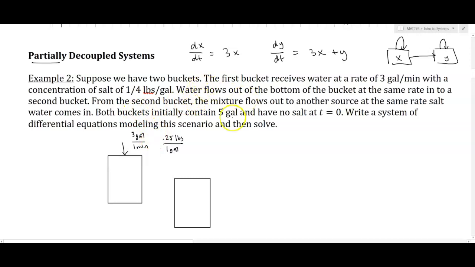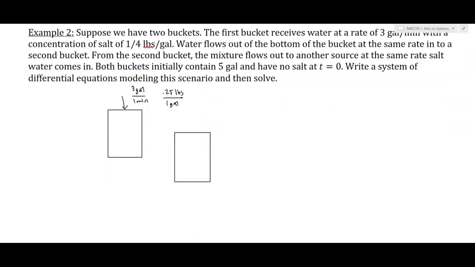What we have going out of this bucket is water flowing out of the bottom of the bucket at the same rate into the second bucket. To make this drawing a little more conducive to reality, let's bump this down a little bit so it looks like we're using the effects of gravity. So we have this outflow coming into the second bucket, and it flows out of the bottom of the bucket at the same rate.